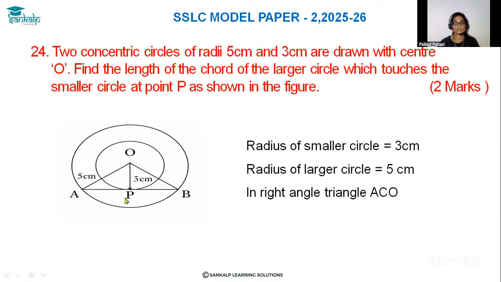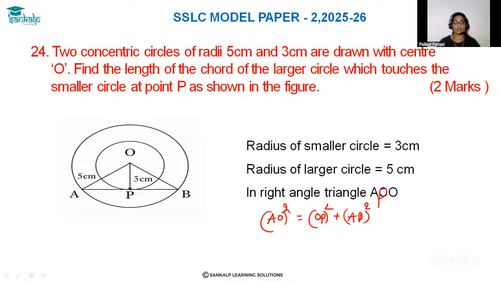So here this is the length of the chord of the larger circle. So here we are using the Pythagoras theorem. In right angle triangle APO, AO square is equal to OP square plus AP square.